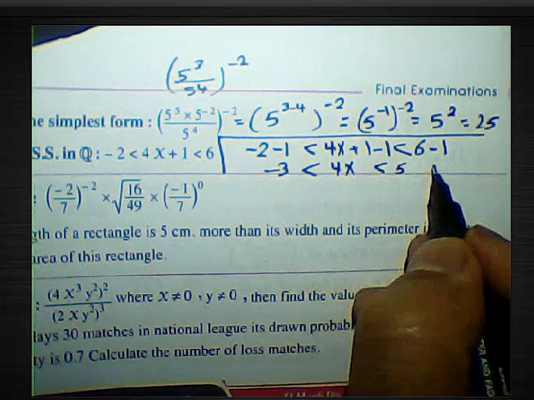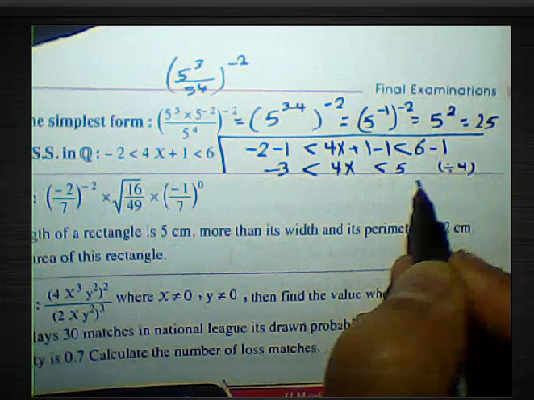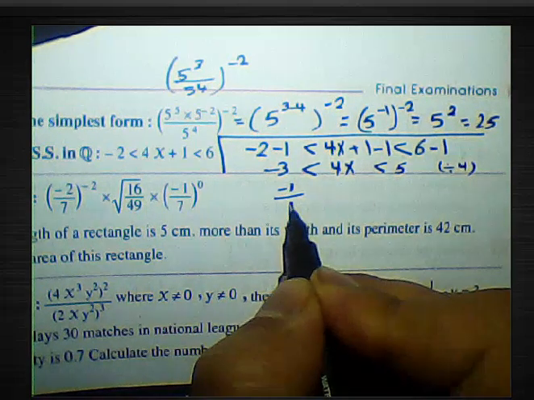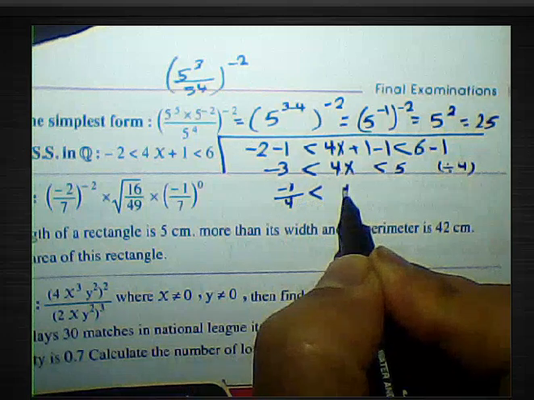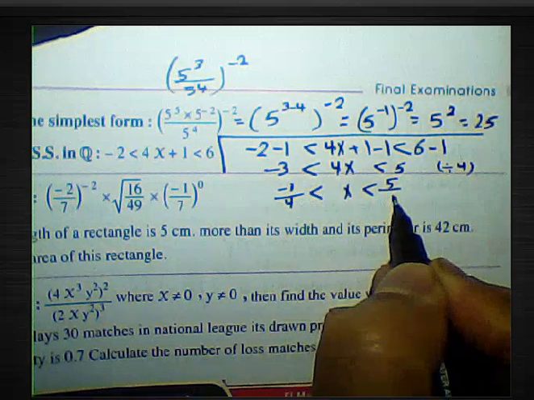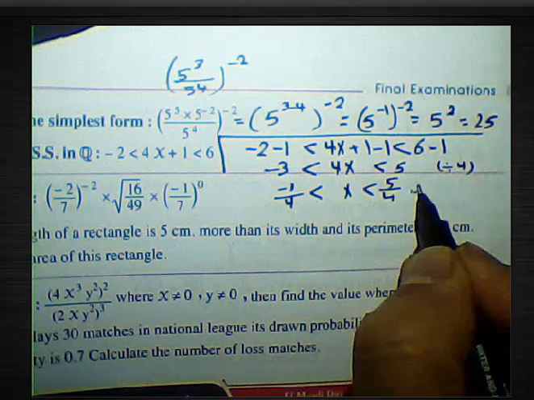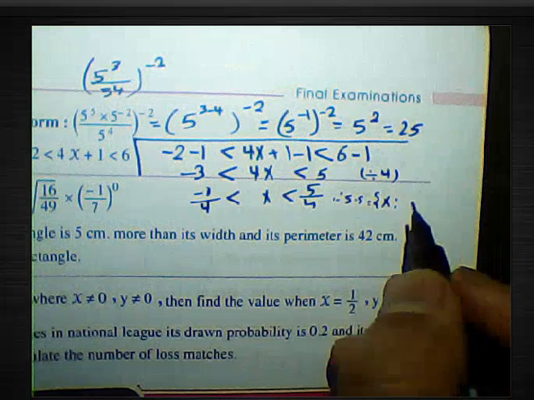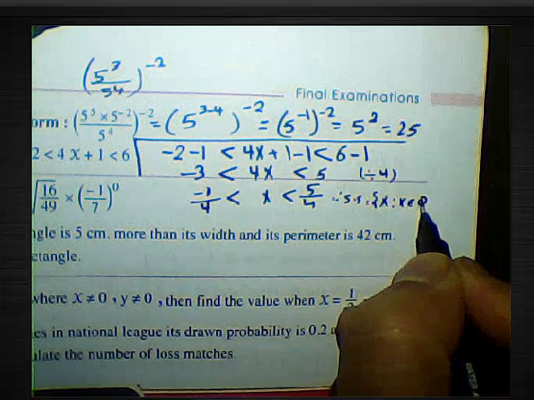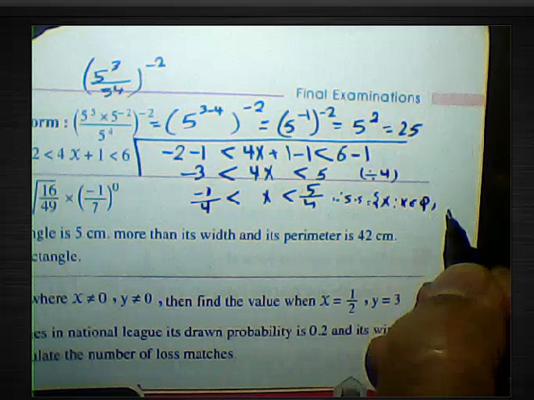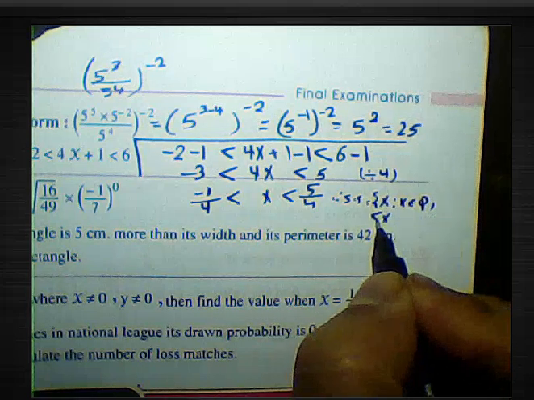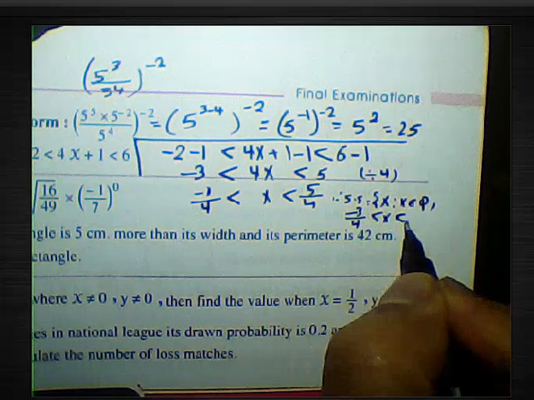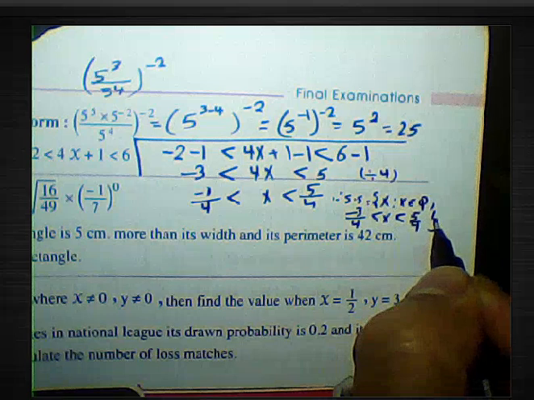6 minus 1 equals 5, and then we can divide by 4. The result will be -3 over 4 less than x less than 5 over 4. So the solution set will be x such that x belongs to Q, the rational numbers, and x is greater than -3 over 4 and less than 5 over 4.